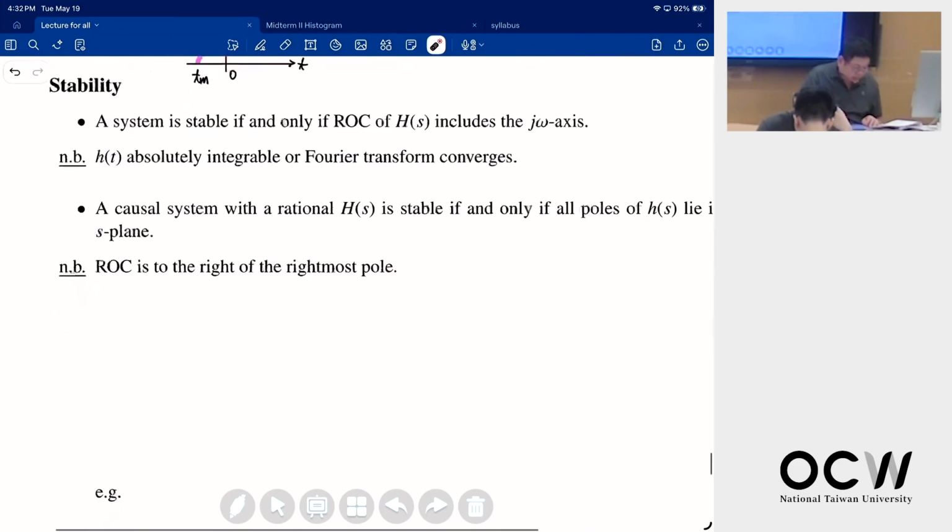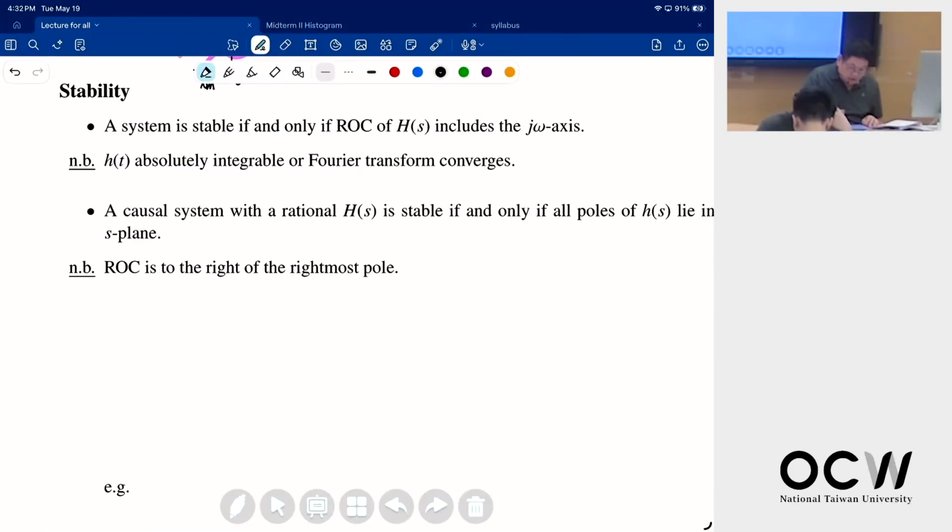Here, let's see some examples. If this is the axis, I have poles. I want the system to be stable.